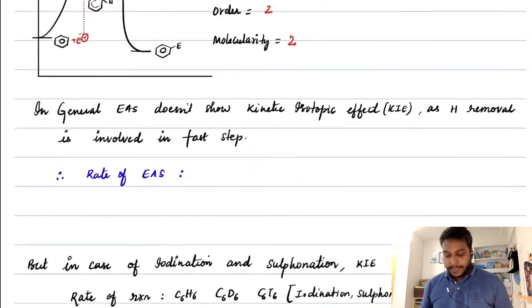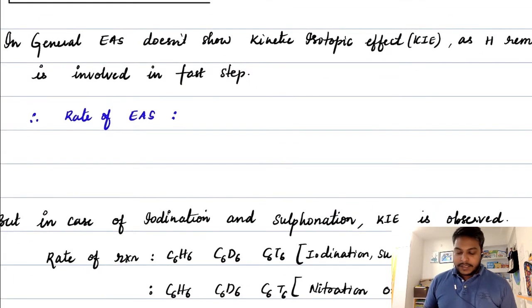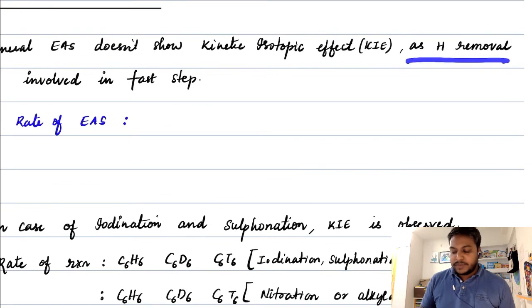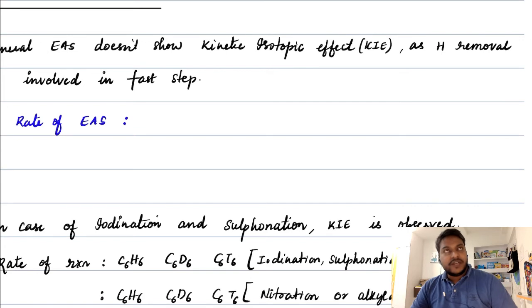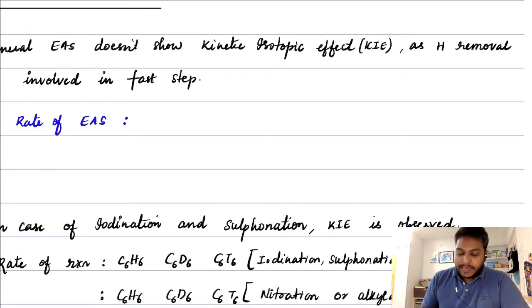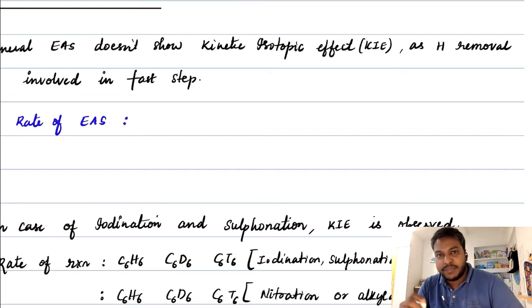Clear, students? Right. So like I said, generally when it comes to electrophilic aromatic substitution, it does not show kinetic isotopic effect as H is involved in the first step. Usually, whenever we use the term kinetic isotopic effect, we are expecting that hydrogen is being removed in the slow step. But here hydrogen is removed in the fast step, which means it is a secondary isotopic effect.